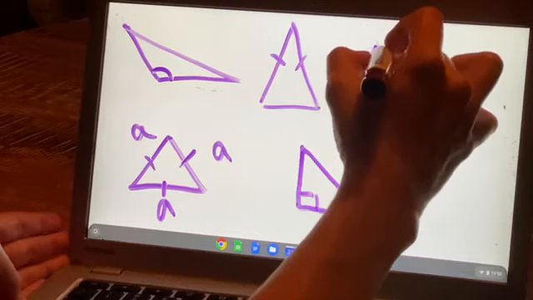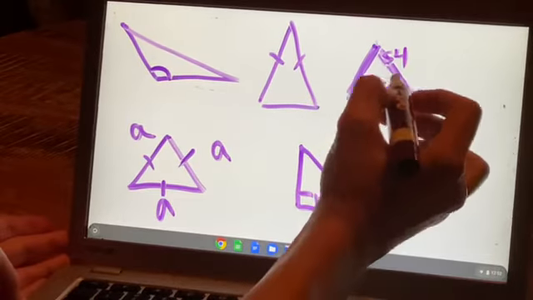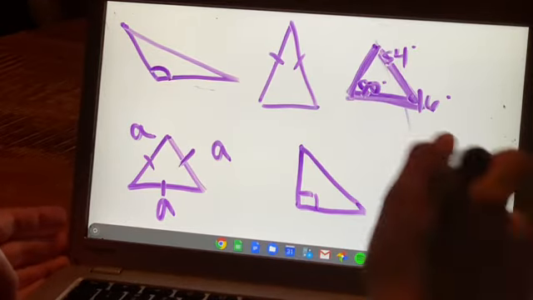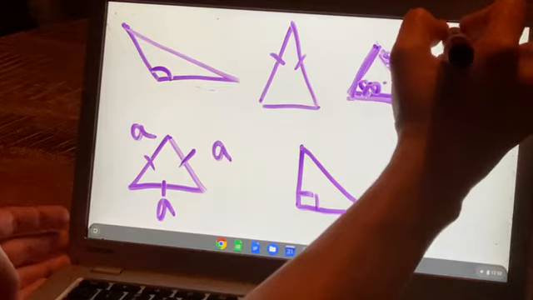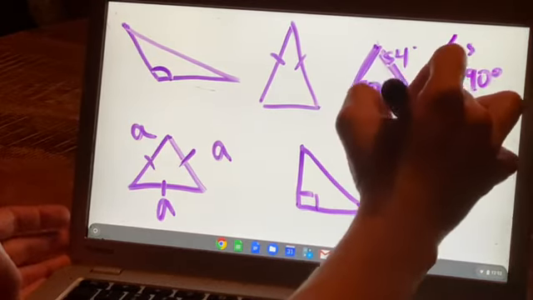Remember that an acute triangle has all 3 angles less than 90 degrees, right? So this one is acute.